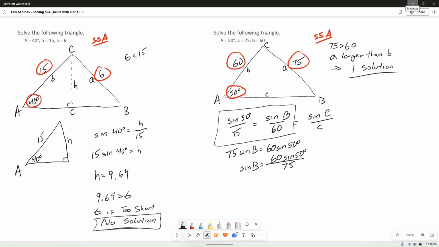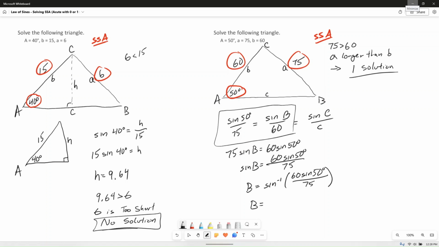But I want to find B, not the sine of B. So how do we get rid of that sine? We have to do an inverse. So I'm going to basically think of it as taking the inverse of both sides of the equation. And on the left side, when you take the inverse sine of sine, they cancel. That was that cancellation property that we looked at. So B is going to equal the inverse sine of 60 times the sine of 50 degrees over 75.